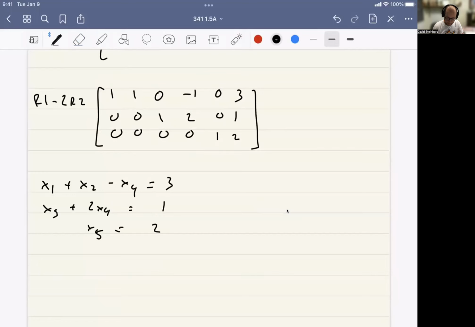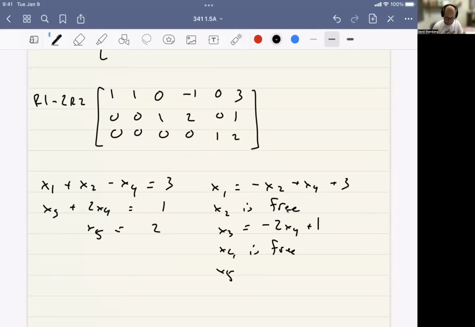Okay, so x1 is minus x2 plus x4 plus 3. x2 is free. x3 is minus 2x4 plus 1. x4 is free. And x5 is 2.